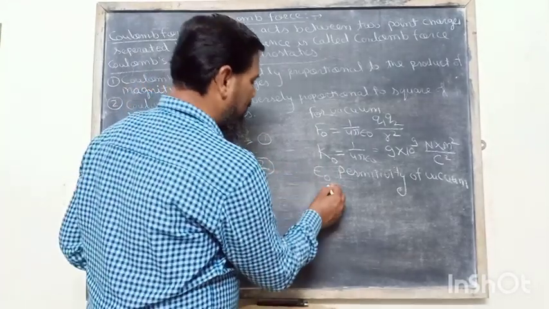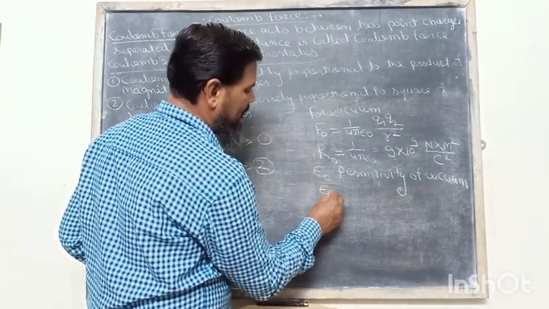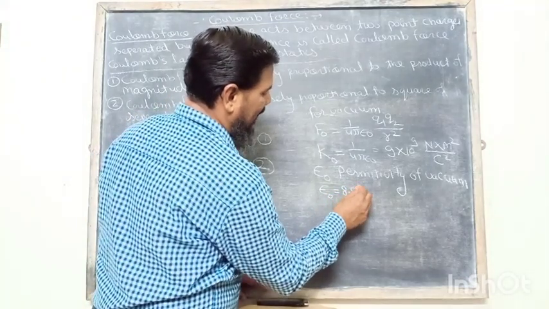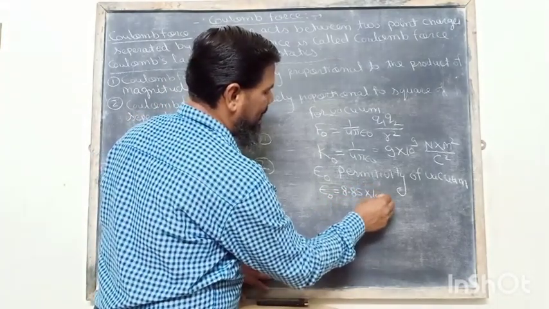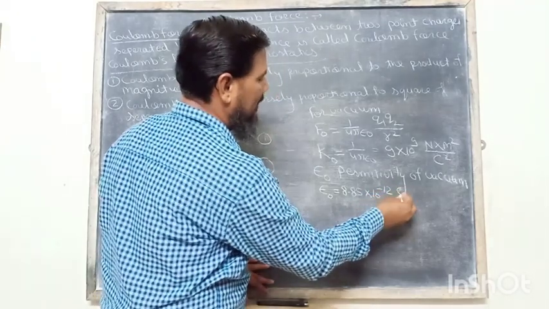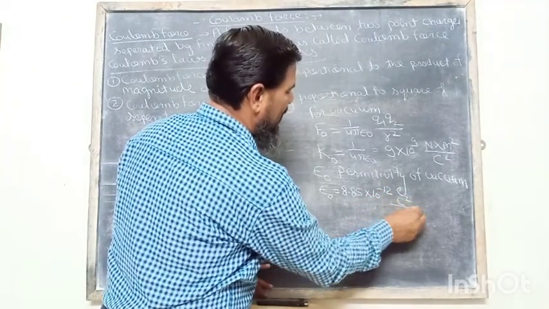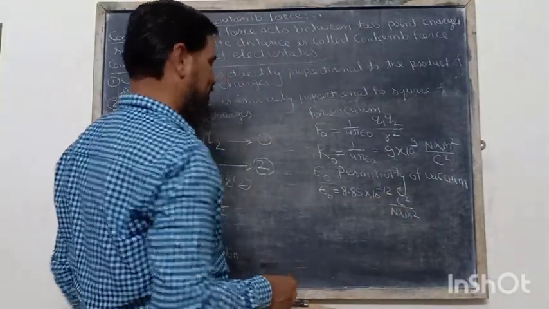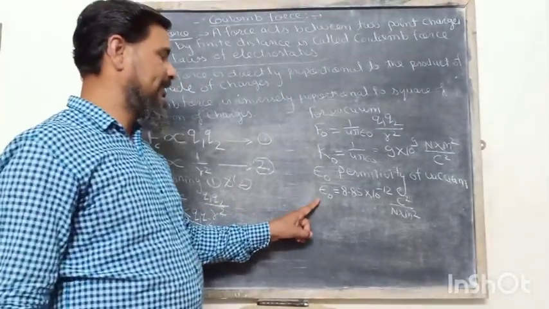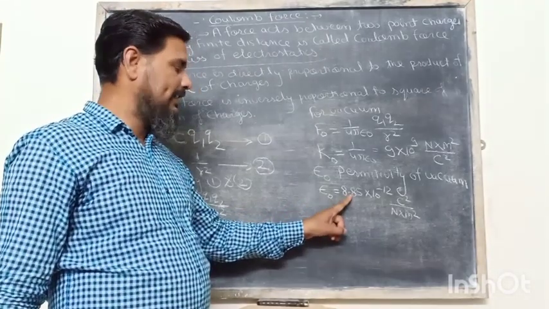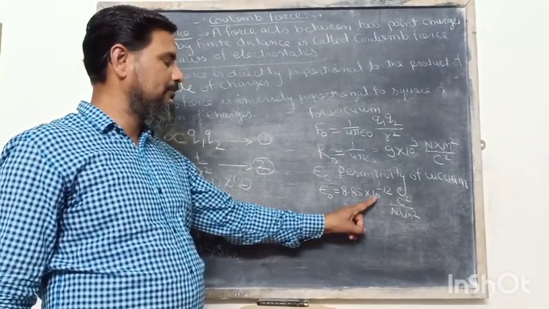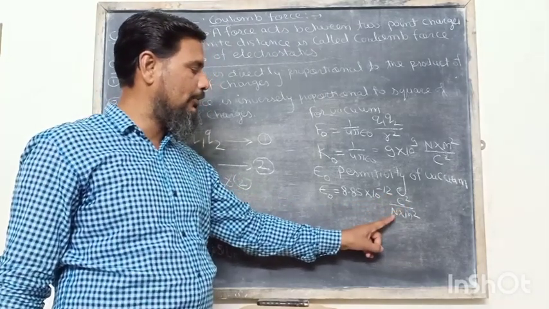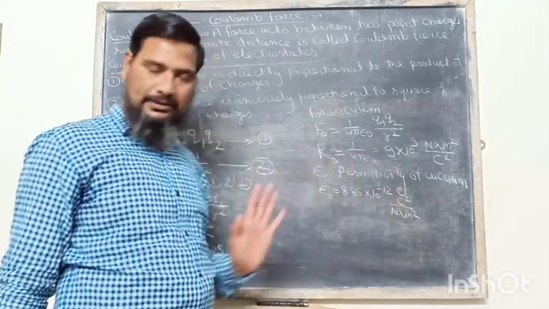For vacuum, epsilon naught is equal to 8.85 into 10 raised to the power minus 12 Coulomb square upon Newton meter square. This is the value of the permittivity of vacuum.